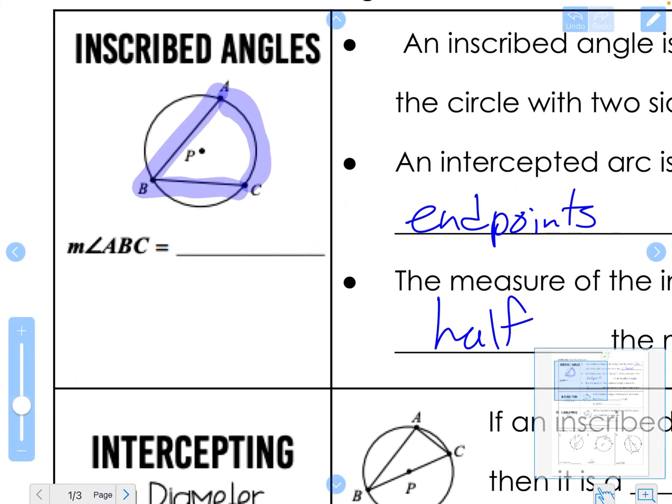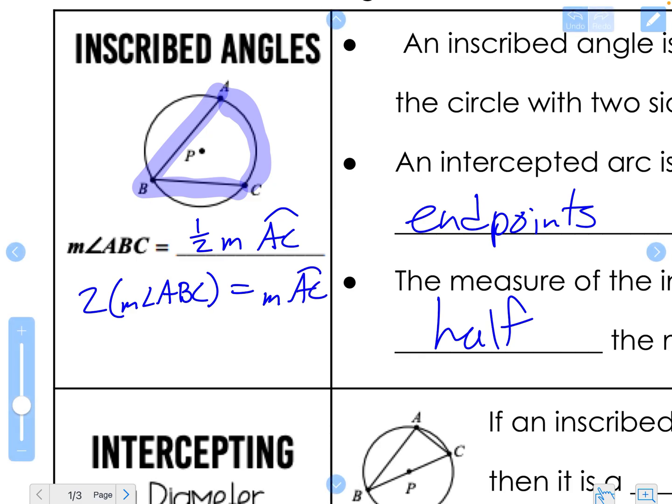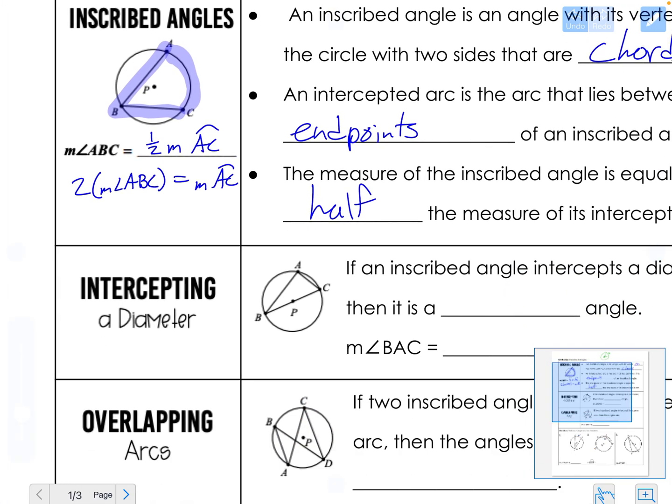The measure of ABC is equal to 1/2 the measure of arc AC, or we can write it as 2 times the measure of angle ABC equals the measure of arc AC. It just depends on how you're looking at it, which one you use.